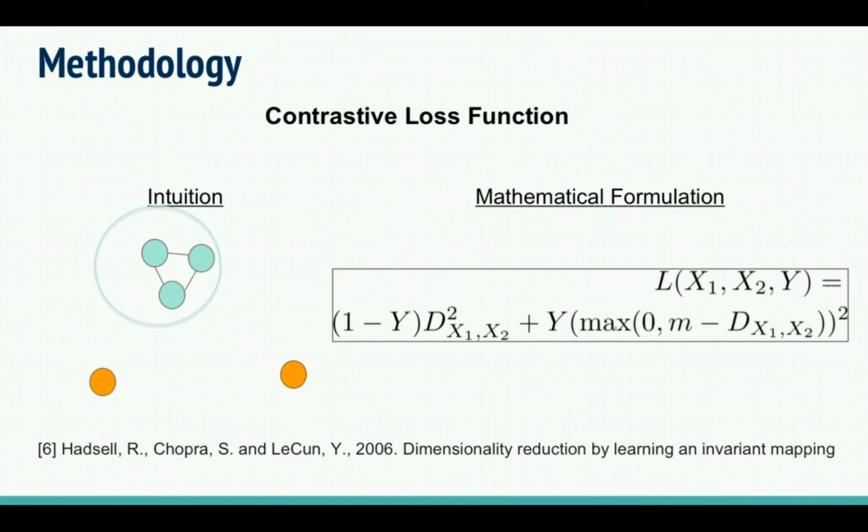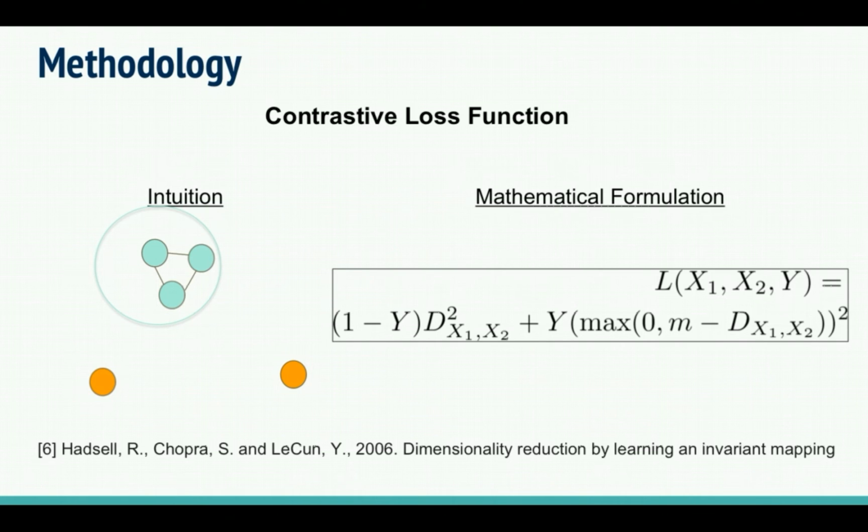these two similar products. In contrast, if there's a pair of products that are dissimilar, then the y variable will be equal to 1, in which case the loss function will be equal to the maximum of 0 and m minus d(x1, x2). Here m is the radius of the circle of influence.